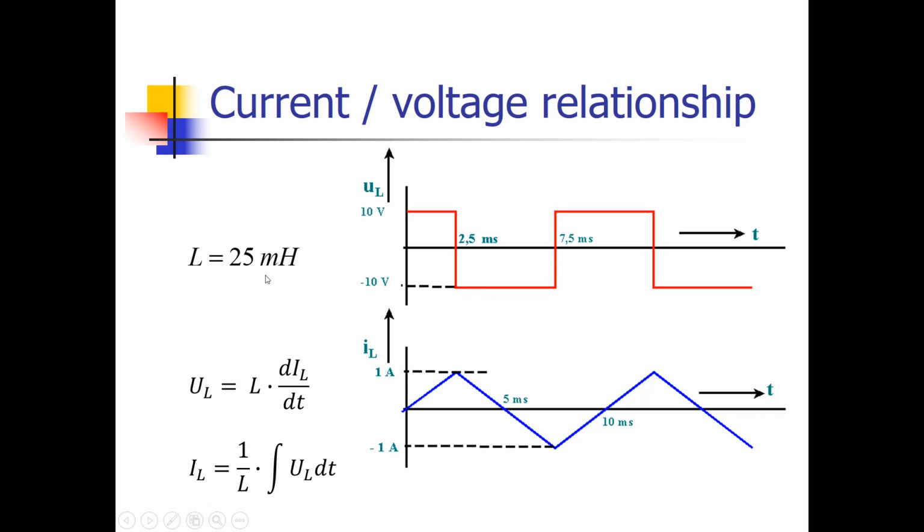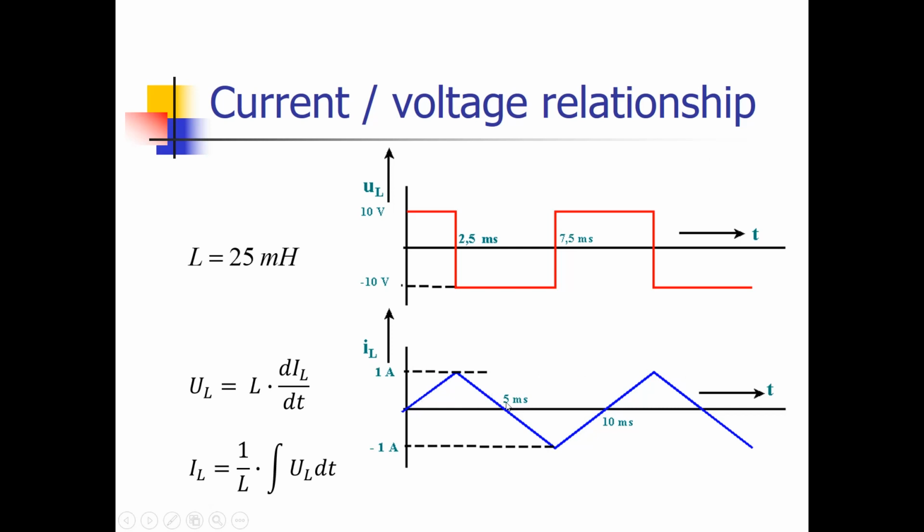We divide that by 25 millihenry, so we get a current drop of minus 2 amps. But we started off at 1 amp, so 1 amp minus 2 yields minus 1 amp at this point. And it goes linearly because this is a constant voltage. Here in the middle, the negative area equals the positive area, so the current at this point is 0 amps. Here the voltage is positive again, so my current starts to rise, etc.